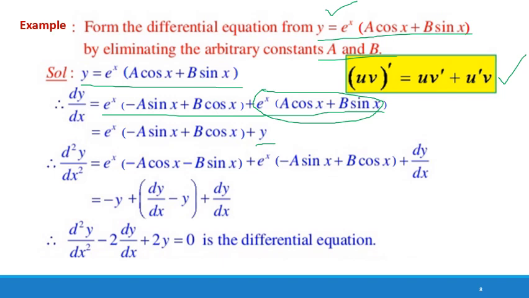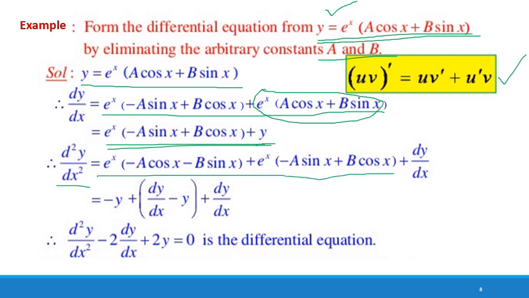Now we have two constants a and b, so we will differentiate this equation twice, and after the first derivative we are getting this equation. So by taking the derivative of this equation again with respect to x, we will get the second derivative. Again we will apply the product rule on this part, and the answer would be here. And when we take the derivative of y, we will get dy by dx.